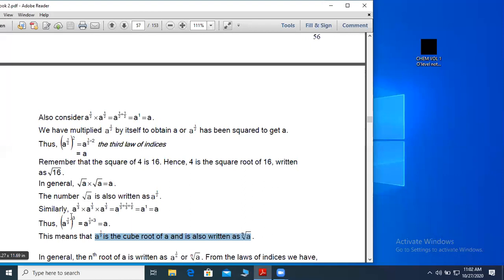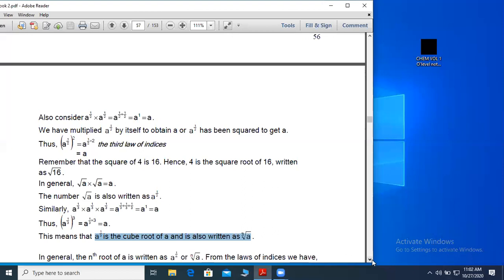So I want you to learn one thing, that when we have a power a half, we are talking about square root of a. And when we have a power a third, we are talking about the cube root of a.